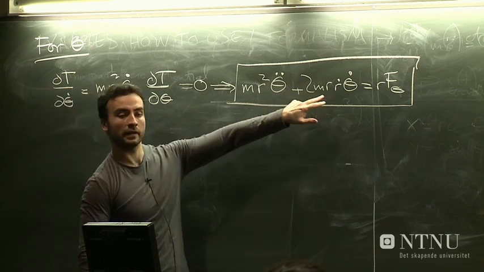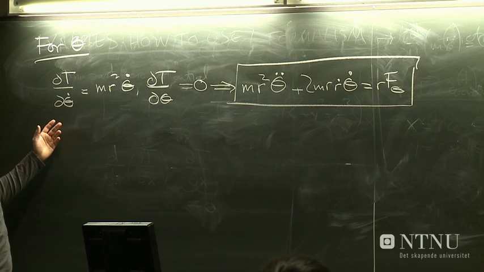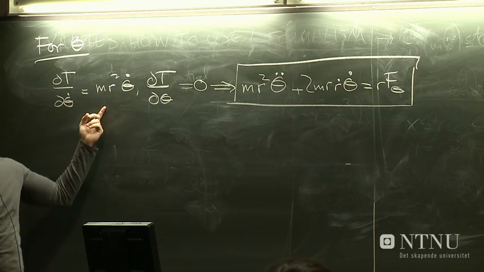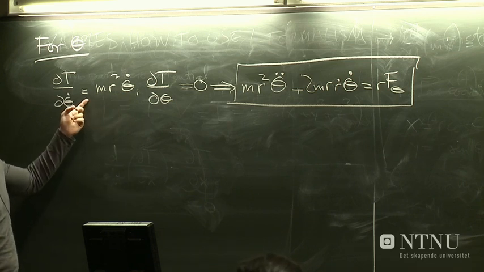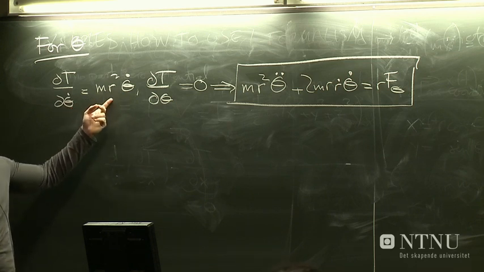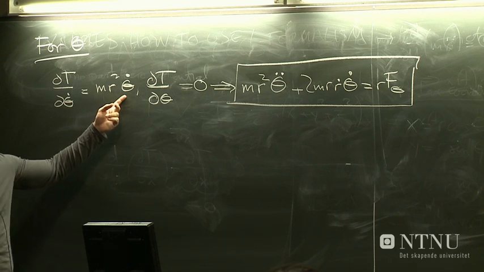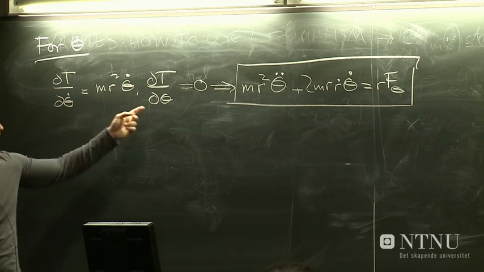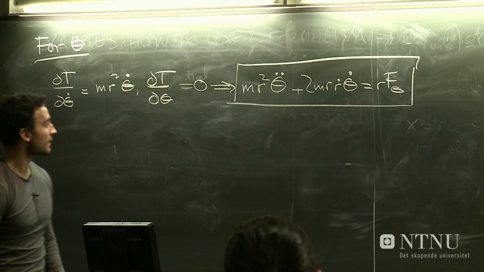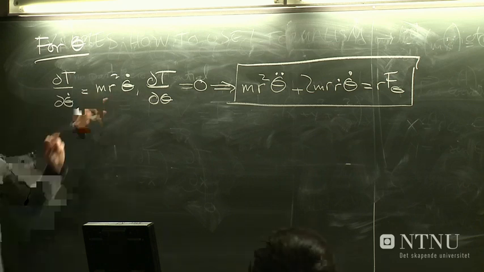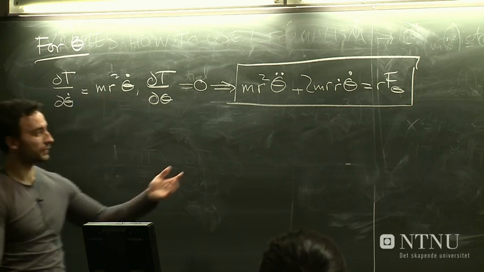These two terms are just a time derivative of this term. So if I derive this expression with respect to time, I first get m r squared multiplied with the double time derivative of theta, this term, and then I would also have to derive r with respect to time to get this.